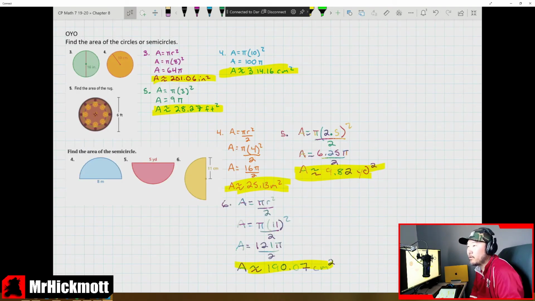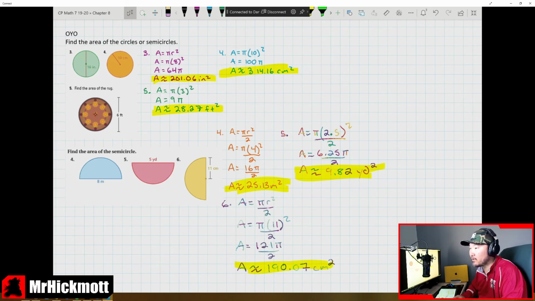All right, students, what you should see is all the answer key for all 6 problems. At the very top, 3, 4, and 5 are just standard area of a full circle. Notice that I did round to the nearest hundredths. Just keep that in mind as we're consistently going through. In the first problem, number 3, I did write the formula, but everything afterwards, I just consistently went straight to the substitution. If you're comfortable with that, no worries. Just memorize that formula.